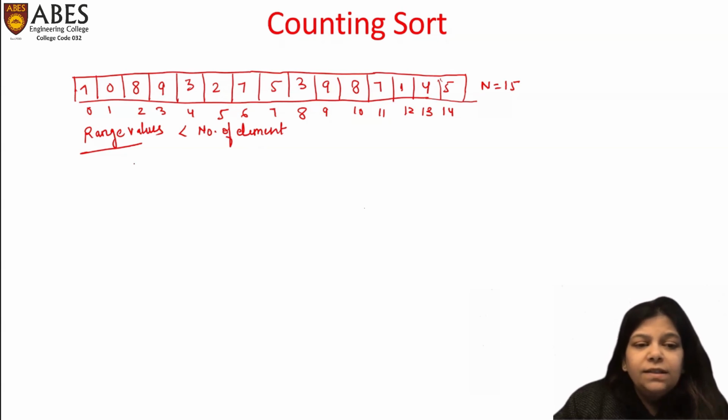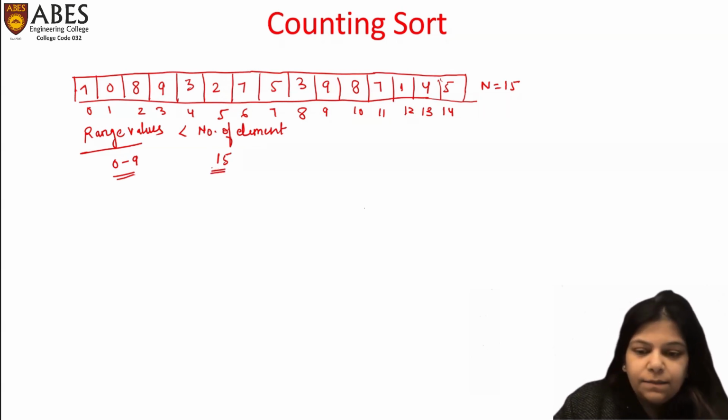Like in this case, the values are ranging from 0 to 9, but the number of elements are 15. There is not much difference in this example, but in real life situations, the range of the values is less, while the number of elements may go up to thousands of lakhs.